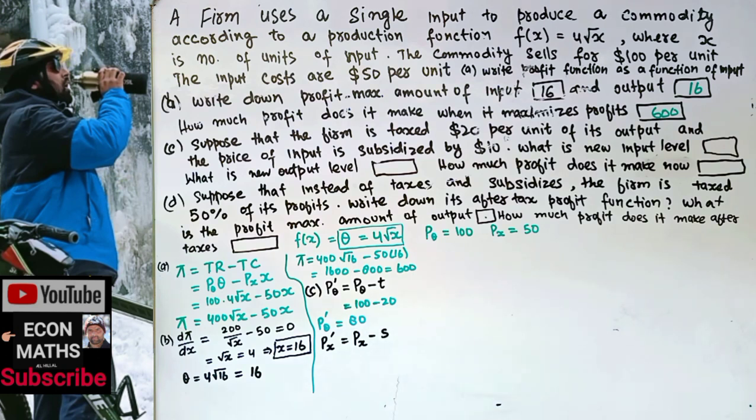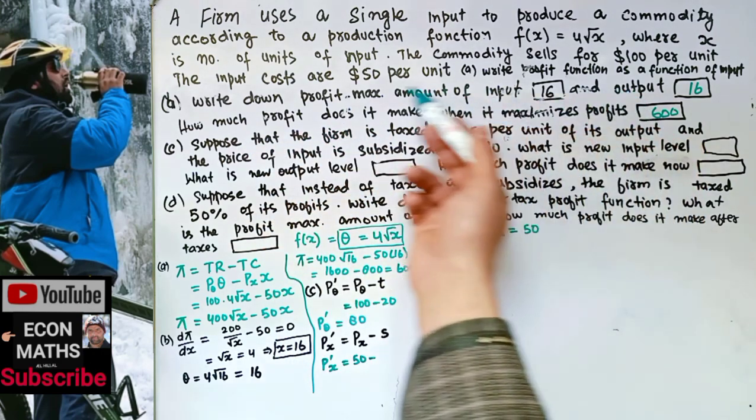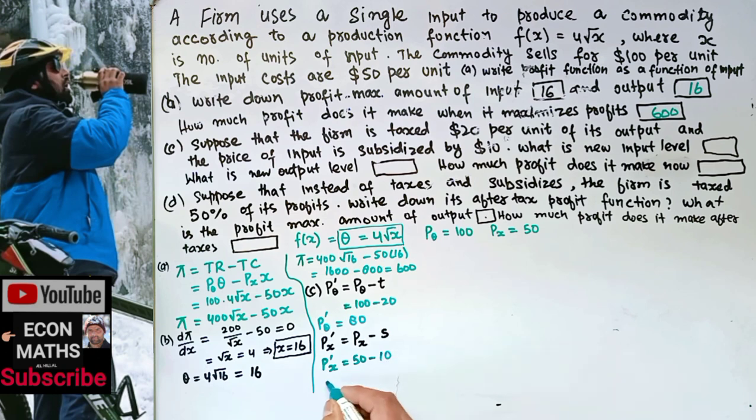Originally it was 50, now it is being subsidized, that means we subtract the amount of subsidy per unit, that is $10. So the new price of input will be $40.